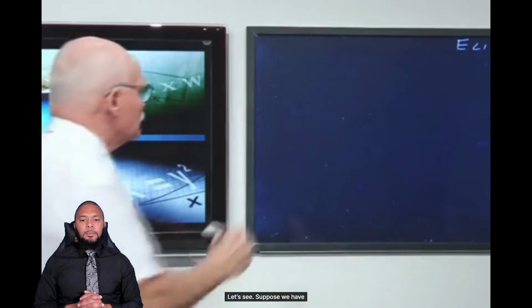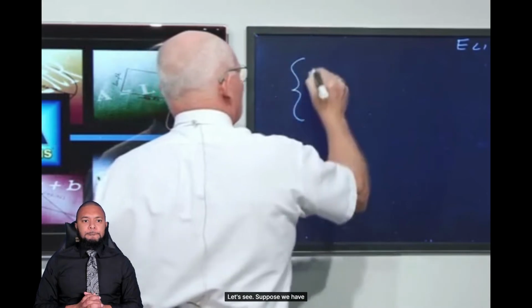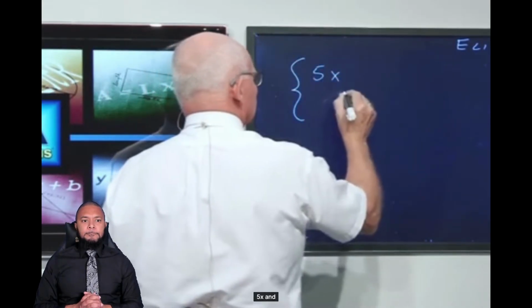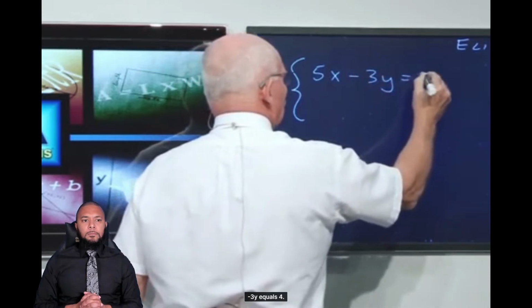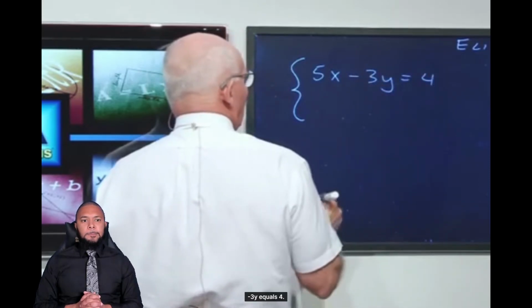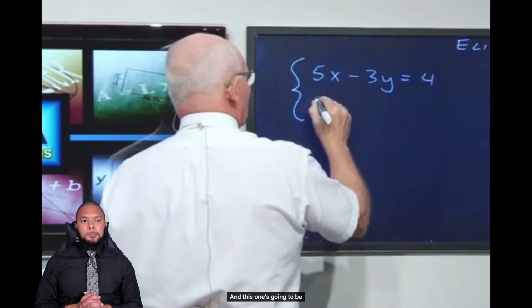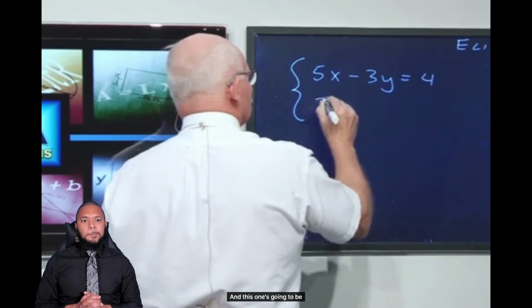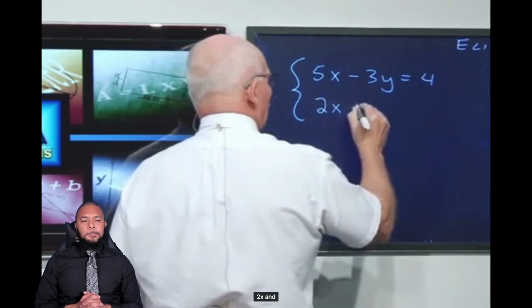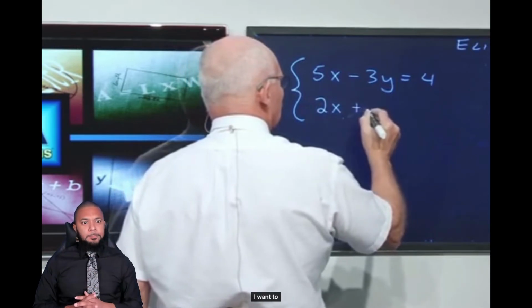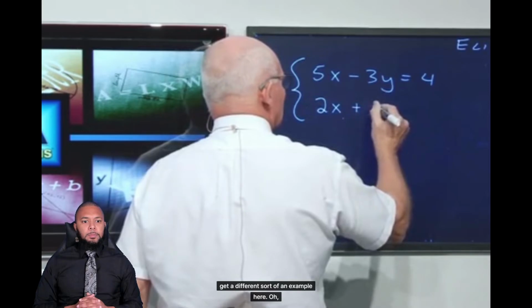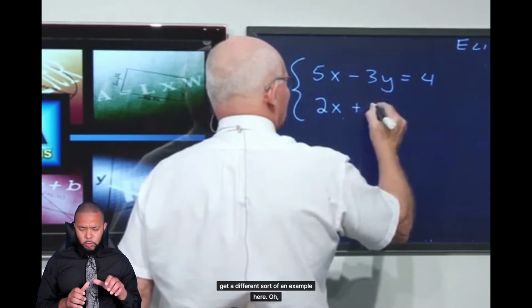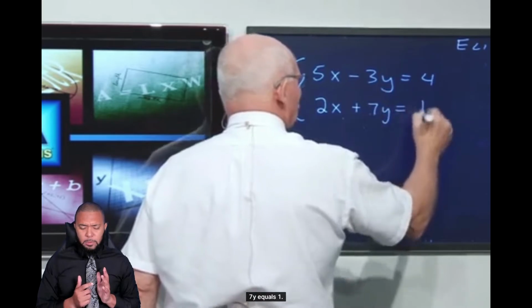Let's see. Suppose we have 5x and negative 3y equals 4. And this one's going to be 2x and I'm going to get a different sort of an example here. 7y equals 1.